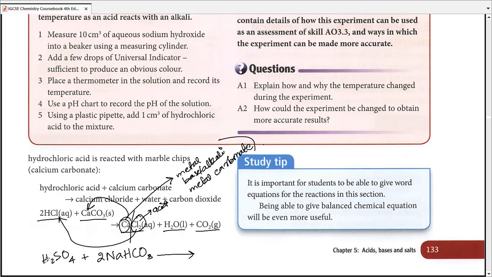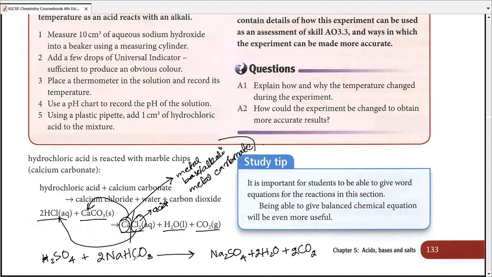So sulfuric acid, when reacting with this salt, produces sodium sulfate, also produces water and carbon dioxide. This is a balanced equation. So this would also give you the idea that a sulfate salt is formed because of sulfuric acid.